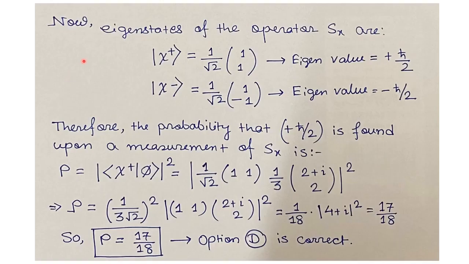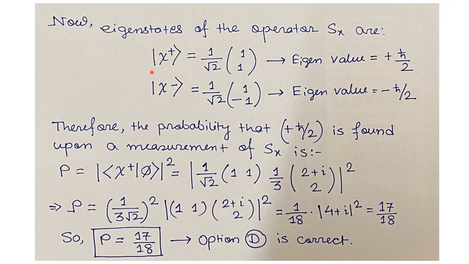We have already seen that each spin operator has two eigenstates with eigenvalues plus h cut by 2 and minus h cut by 2. According to our question, the final state is the eigenstate of the Sx operator with eigenvalue plus h cut by 2. So from now we will deal with the eigenstates of the Sx operator, which we have already seen in the previous slide.